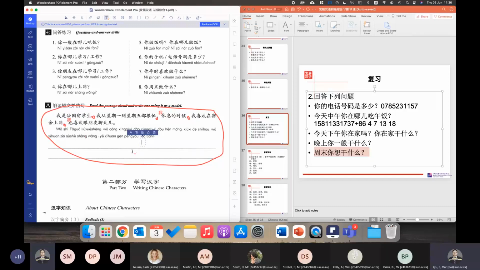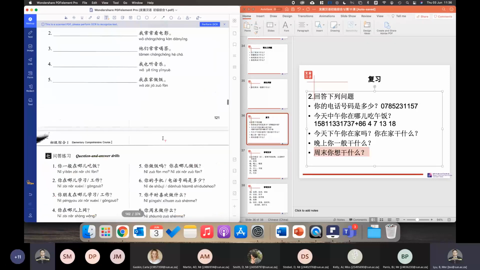So, in another sense, by using commas, we are avoiding repeating the same subject so many times. Am I clear? Okay, great.